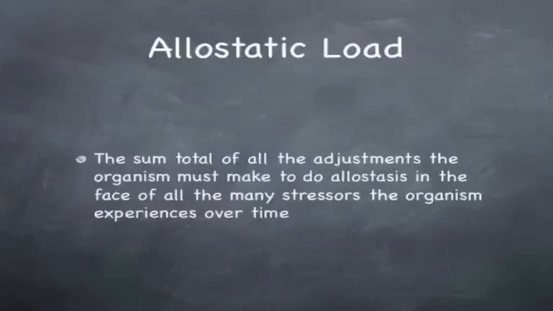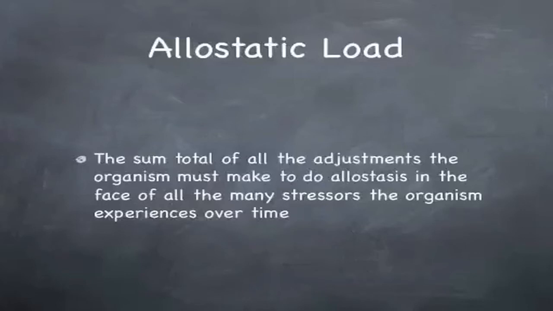Allostatic load is a term that refers to the sum total of all the adjustments that the organism must make in order to do allostasis in the face of all the many stressors that the organism experiences over time. So you can imagine if you experience a whole lot of stressors, then your allostatic load is going to build up, and you're going to have a high allostatic load as compared to a time, or maybe a different person, who experiences relatively few stresses in his or her life.